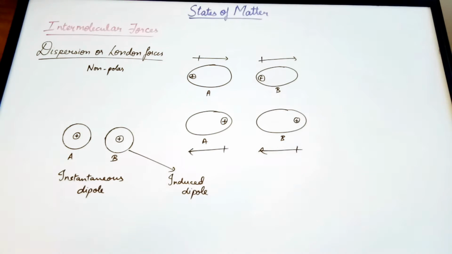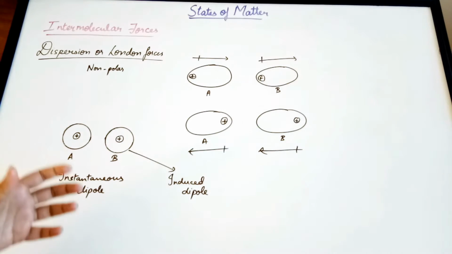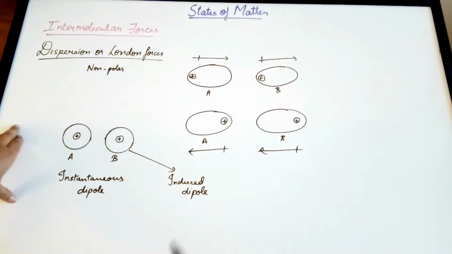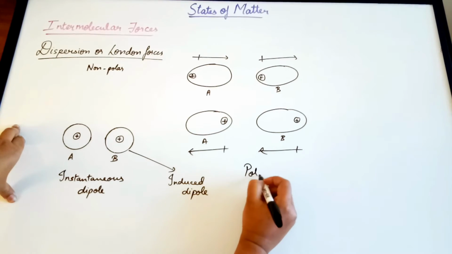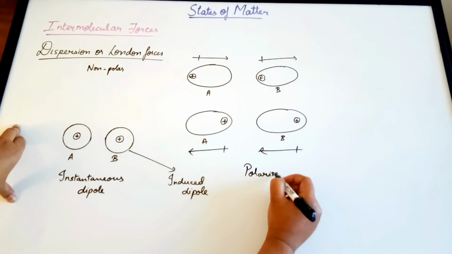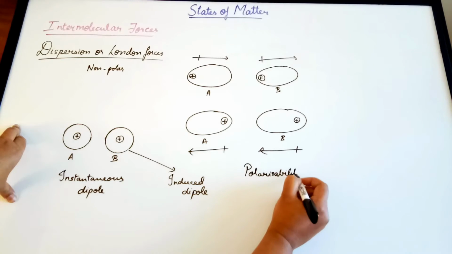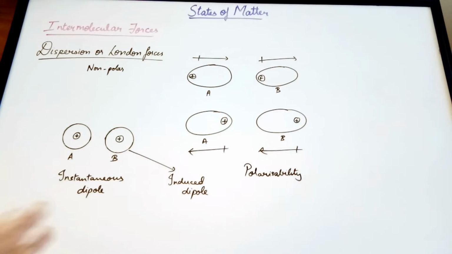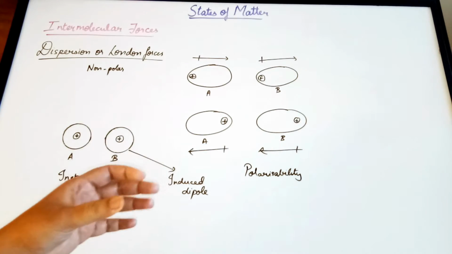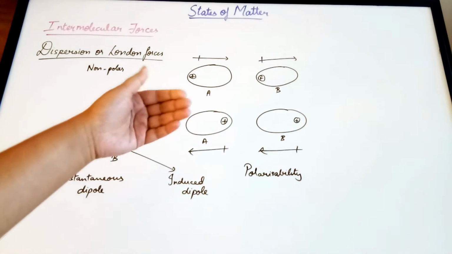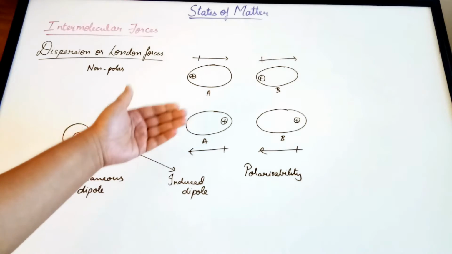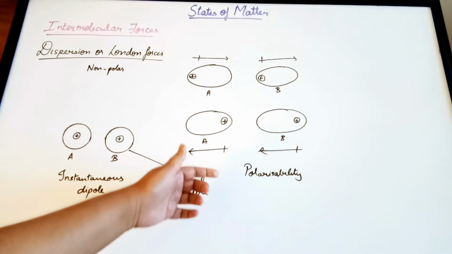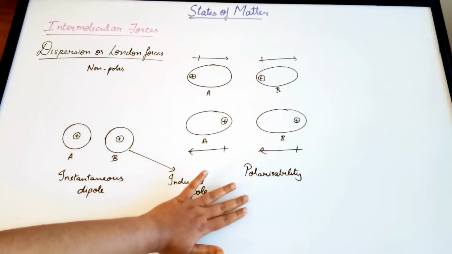Obviously there has to be something that determines the strength of such forces, and that is called polarisability. Polarisability basically means that if a particular atom is able to have the electrons displaced to one side and the nucleus displaced to the other, that is polarisability.